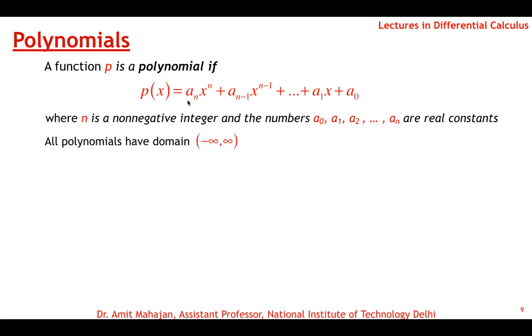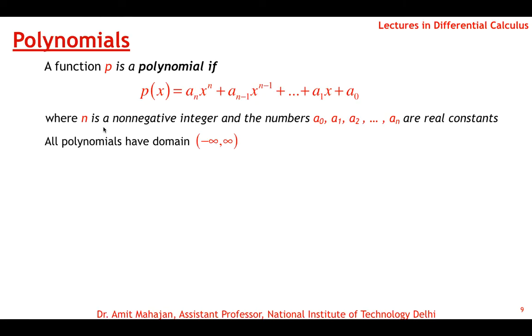Say when n is 1, then this will be an ax plus b type, so it's a linear curve, or a straight line.